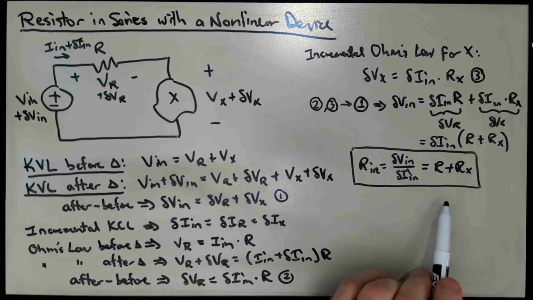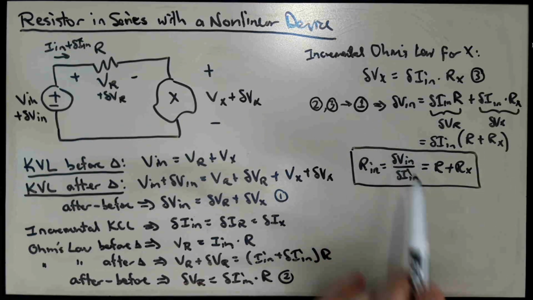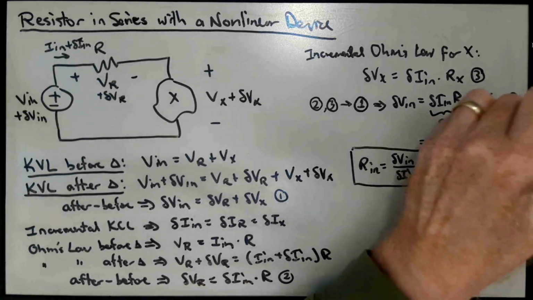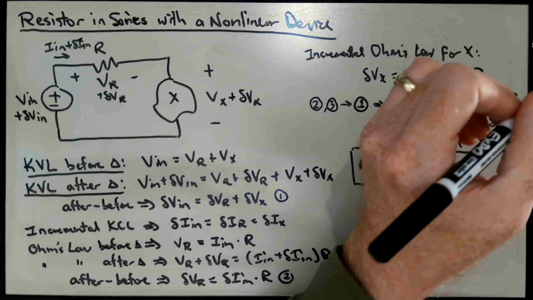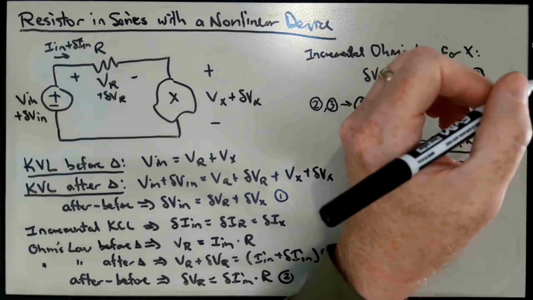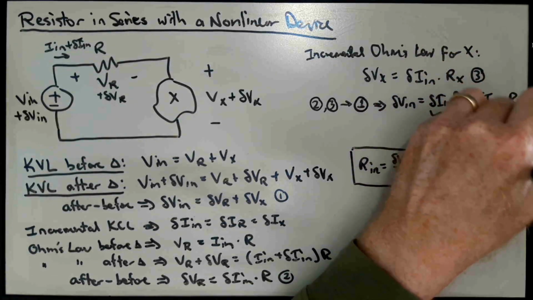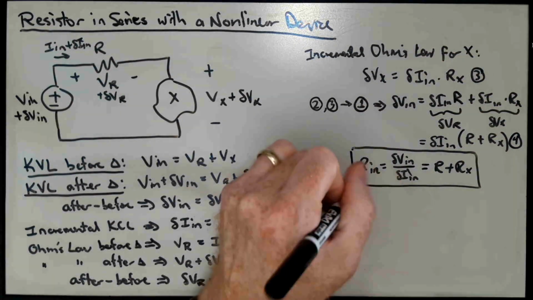So that's cool. We can also go back and take this equation, let's call it equation 4, and solve it for delta In.